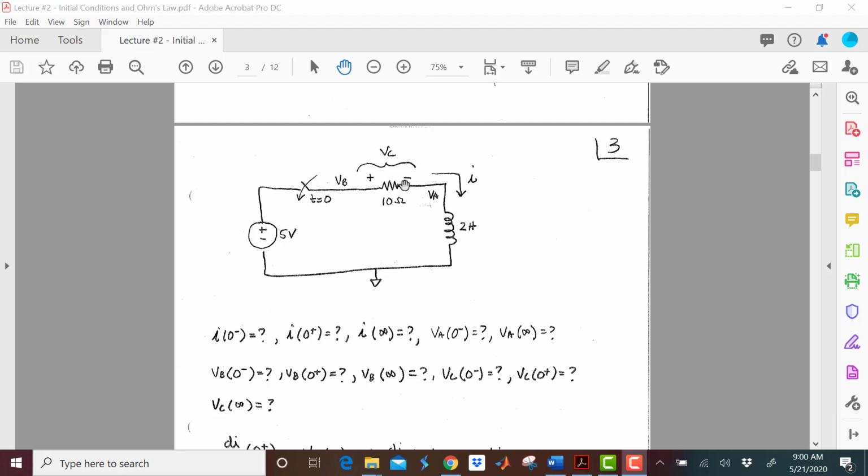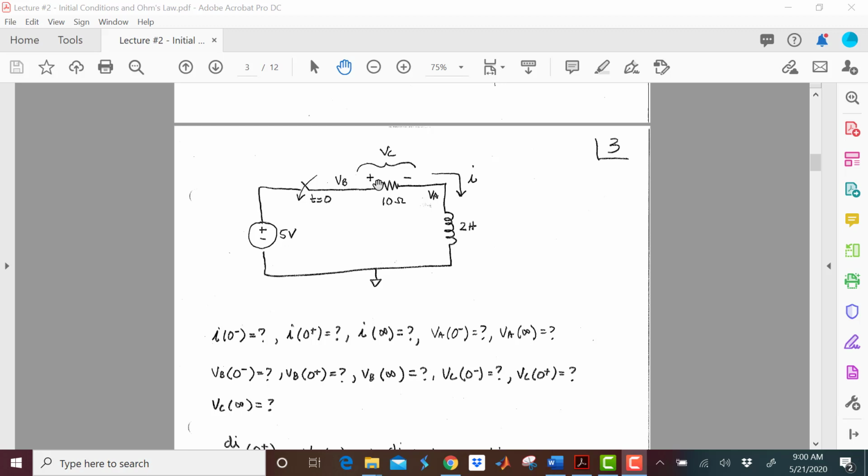So if there's no current, that means I have no voltage across this resistor. So I got no voltage drop. So let's see, 5 volts, 5 minus 10 ohms times 0 amps gives me 5. Or in other words, no voltage drop across the resistor.